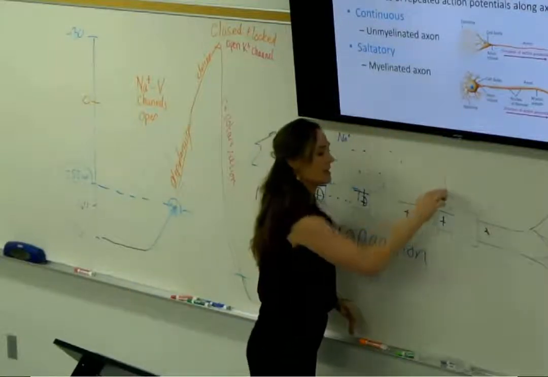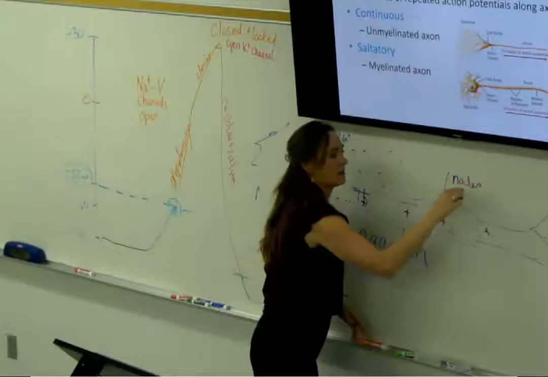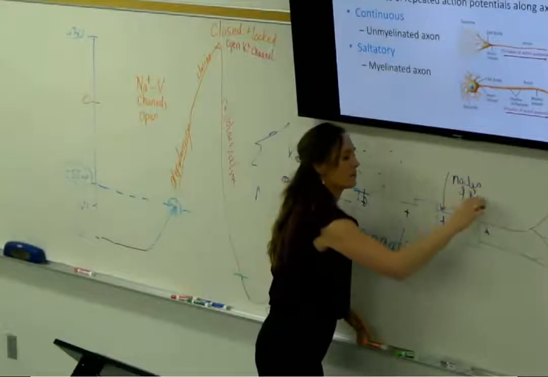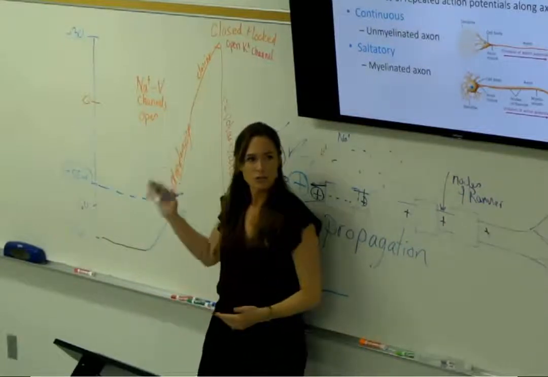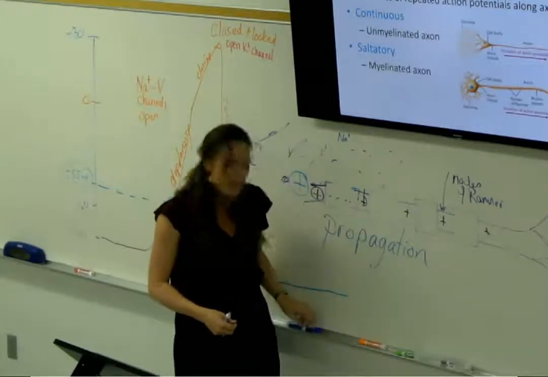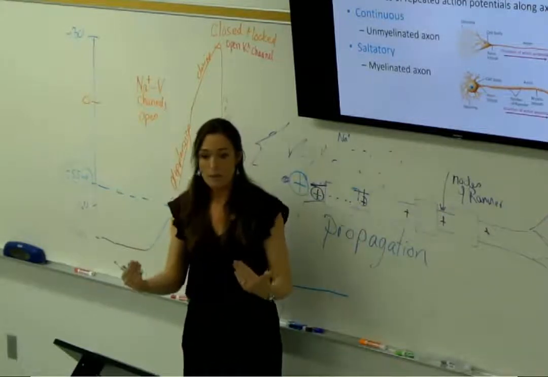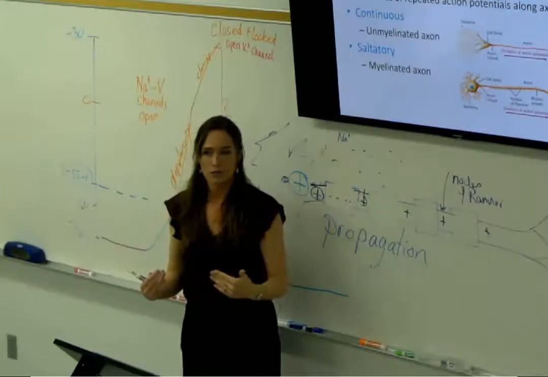Who can remember what these gaps are called? Nodes of? Yep, of Ranvier. So depolarization and repolarization, this whole action potential thing, only happens in these node sections. There is a test question that will ask you, tell me about continuous propagation and saltatory propagation.